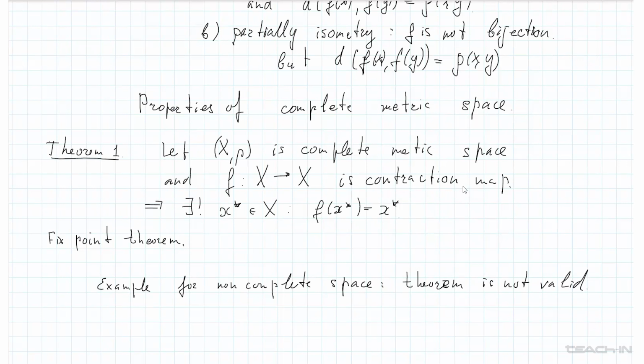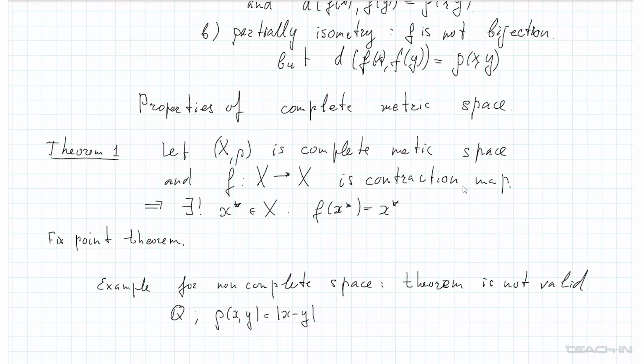Well, consider the rational numbers. The rational numbers are a metric space which is not complete, and take any contraction on the rational numbers which in the real numbers has an irrational limit.